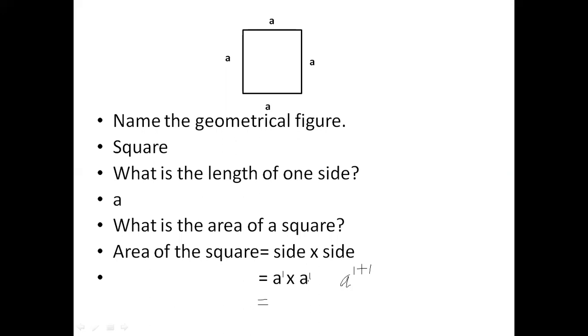When we have the same base, we can add the powers. This is the law of indices. Now, A raised to the power 1 plus 1. 1 plus 1 will be 2. So what will be the formula of area of square? It will be side multiplied by side. That is, if the side is A, it will be equal to A multiplied by A, which is nothing but A squared. We shall apply this formula in the problems.